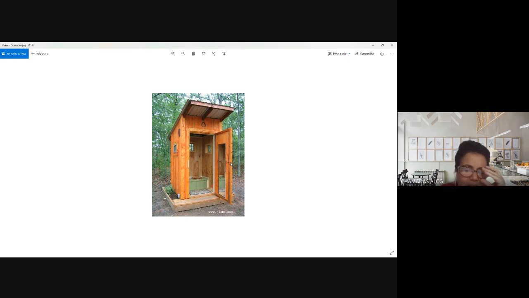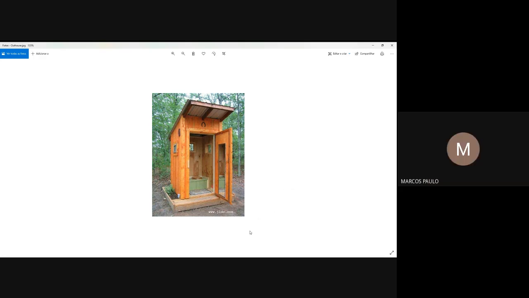It was very common in the 1800s, 1900s. So here you would have the toilet, and the outhouse would have a door sometimes, right? So this is the outhouse. Banheiro de emergência.